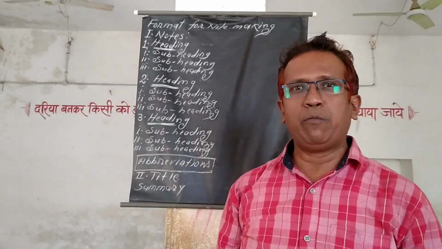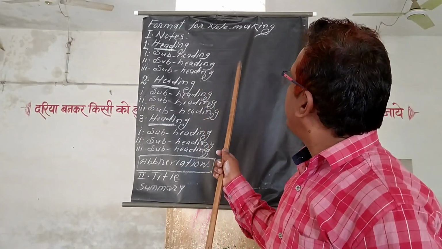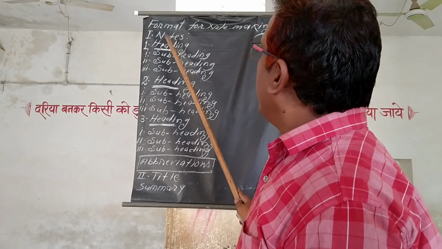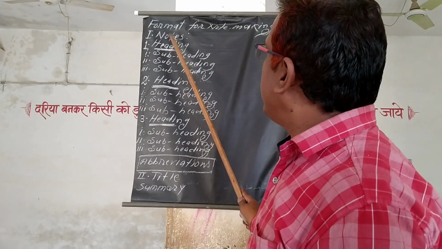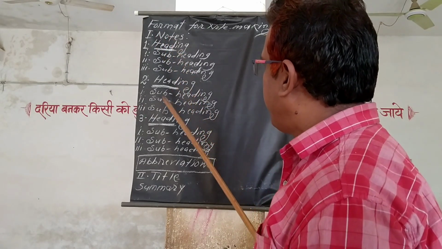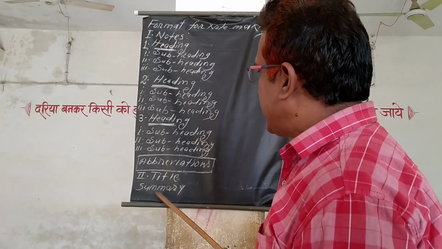As there is a format for letter writing, for essay writing, in the same way, there is a format for note making. What is that format? Look at it. The format has been divided into two parts. Part number 1, note making, and part number 2, title and summary.